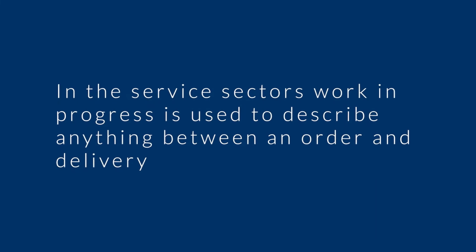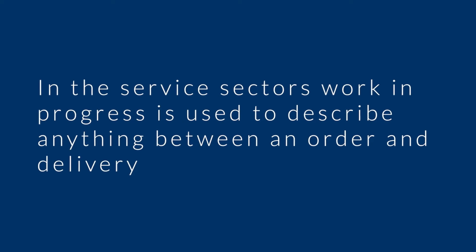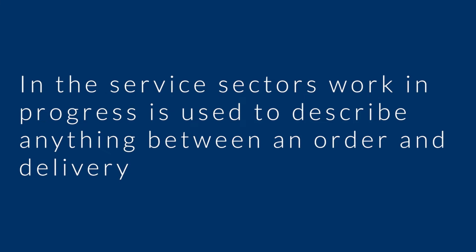And if you're thinking, okay, that is as far as manufacturing is concerned, but what if we are in the service business? What if you're providing services? Then where's the work in progress in this case? Well, in the service sector, work in progress is used to describe anything between an order and delivery. And so work in progress, finished goods, raw materials.